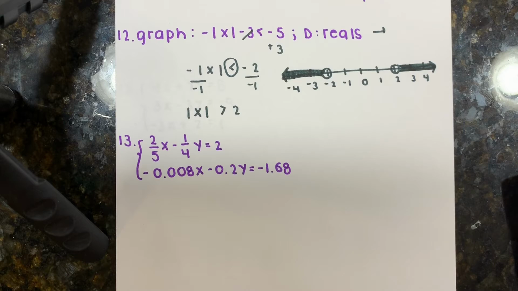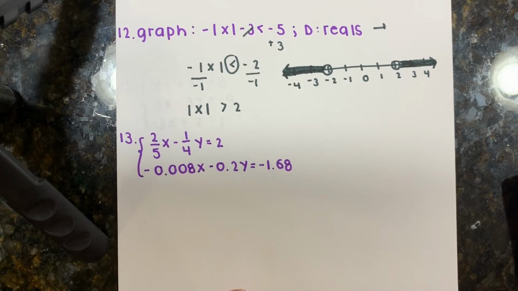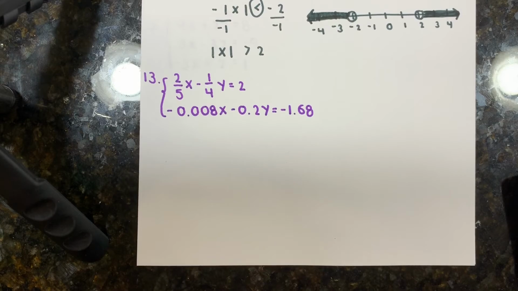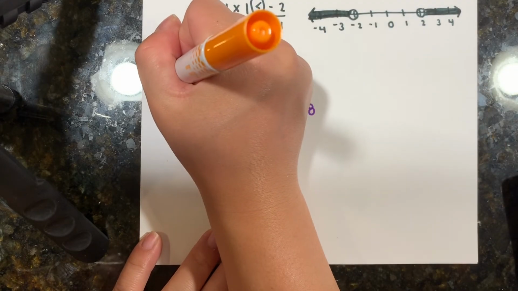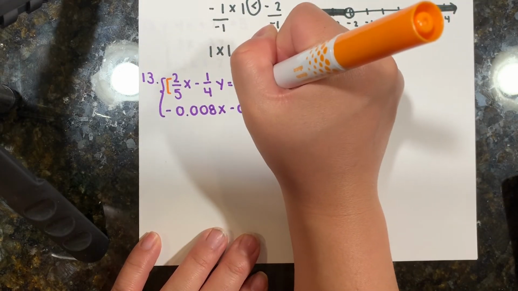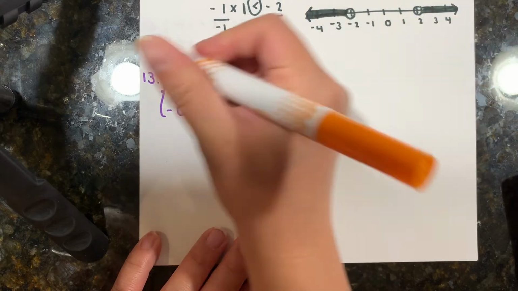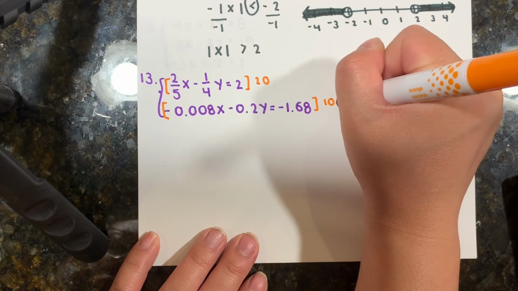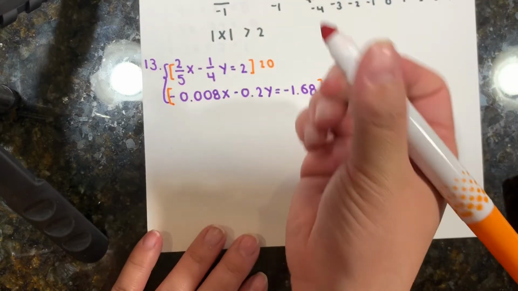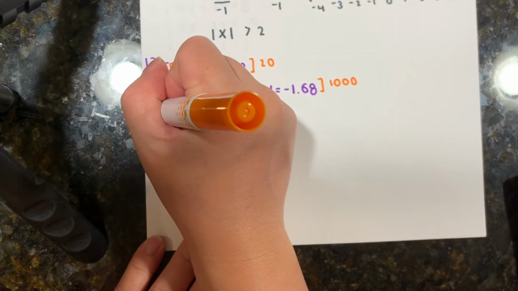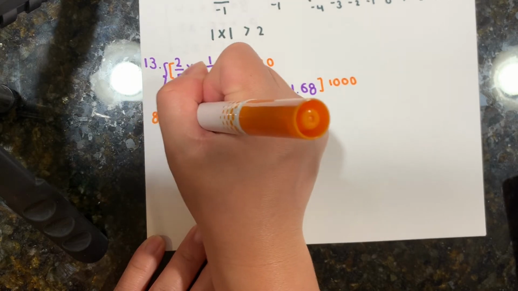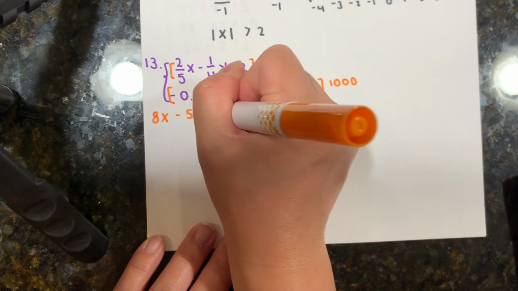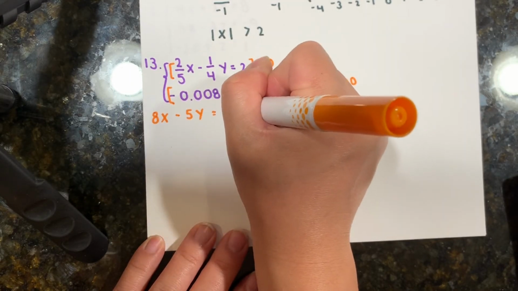Now what we're going to do is look at number 13. I'm going to start for number 13 by multiplying the top equation by 20 and then multiplying the bottom equation by 1,000 because of all the decimal places. So when I multiply the top by 20, I get 8x minus 5y is equal to 40.